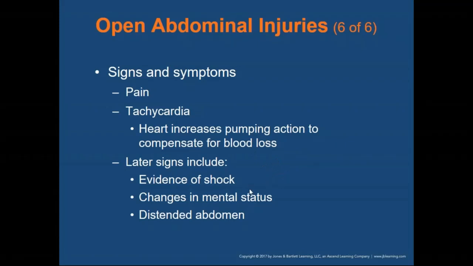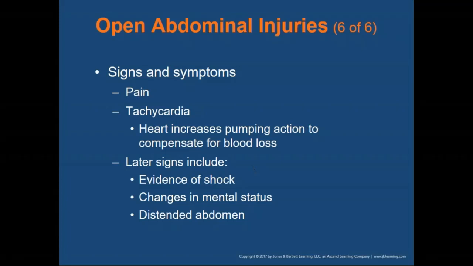First, just like we always talk about, you'll see that the skin is going to be pale and diaphoretic, with cool extremities because they're shunting blood through vasoconstriction. They're shunting blood back to central circulation, and then you have the adrenaline that's being released, that sympathetic nervous system.